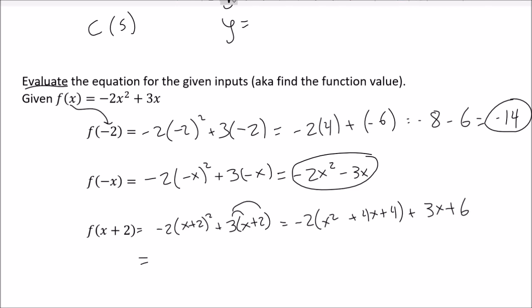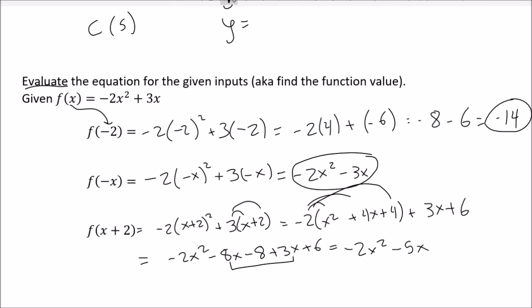We'll continue simplifying. -2 times x squared, distributing here, that would be minus 8x minus 8 plus 3x plus 6, and now we'll combine like terms. It looks like -2x squared. We've got minus 8x and plus 3x, so that's minus 5x. And then we have a -8 and a 6, so we have a -2 at the end.